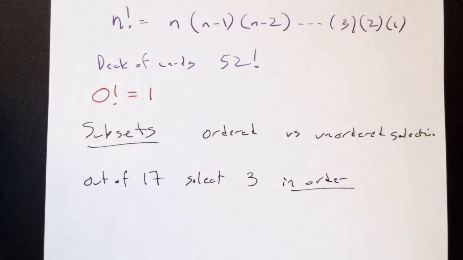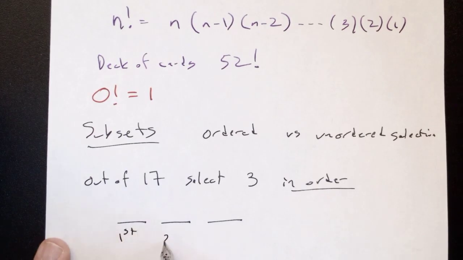But since I'm doing a first, a second, and a third, the order in which I select these things matters. Please hold that thought. Let's write it out just like we did with the previous setup, like I was standing people up in line.